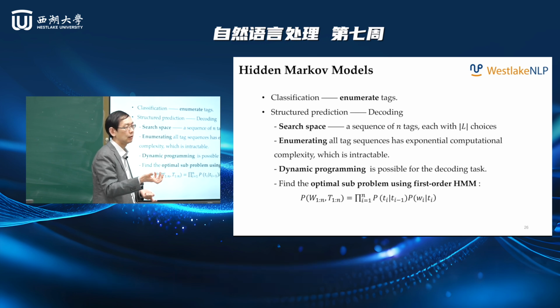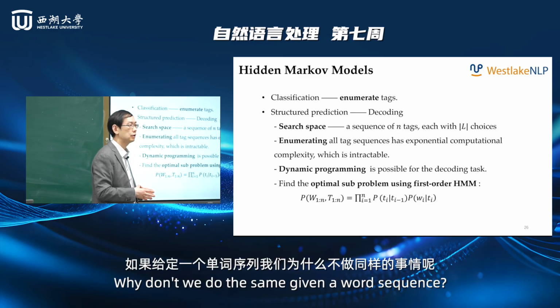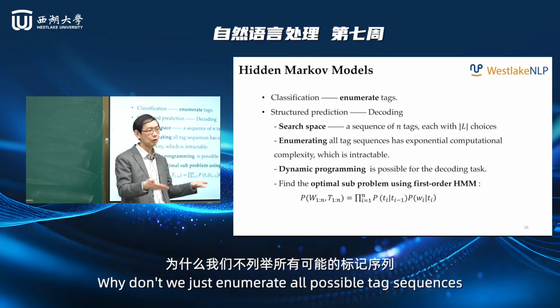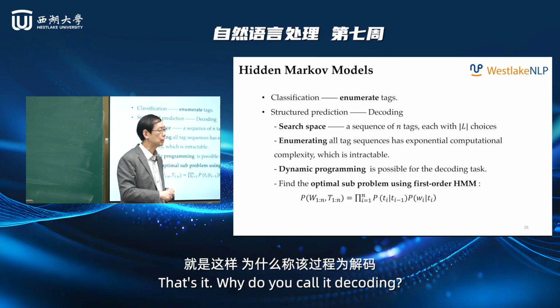Who has the highest probability? That is the output. Why don't we do the same? Given a word sequence, why don't we just enumerate all possible tag sequences and choose the most probable one? That's it, right? Why do you call it decoding?